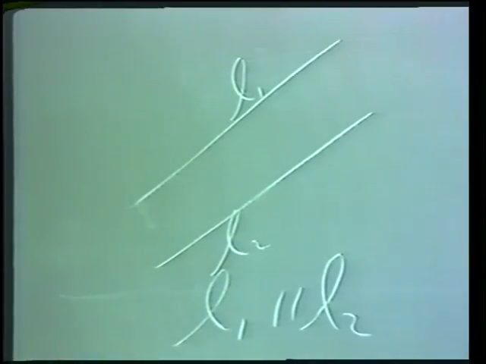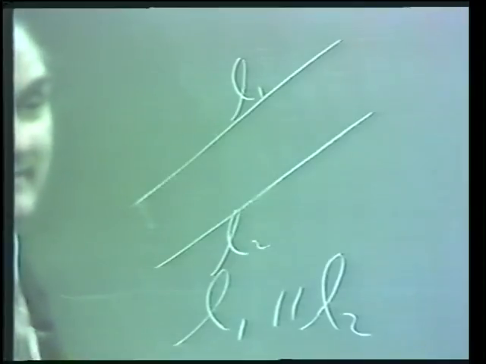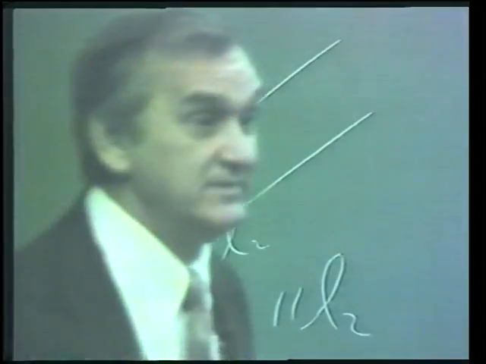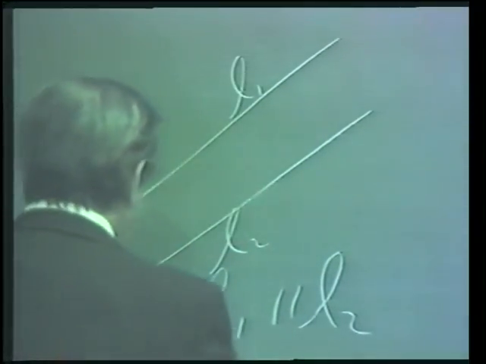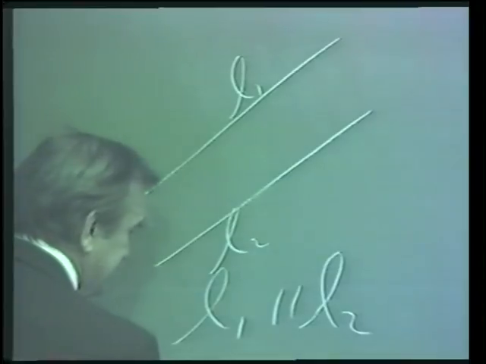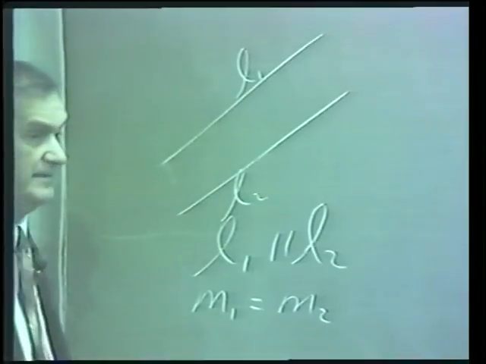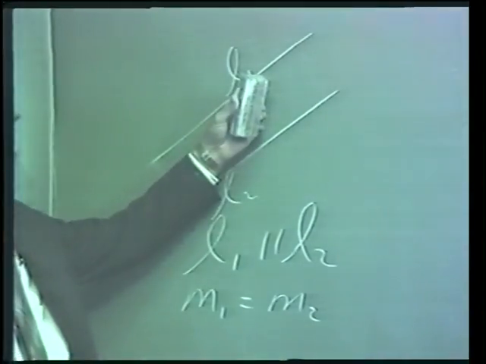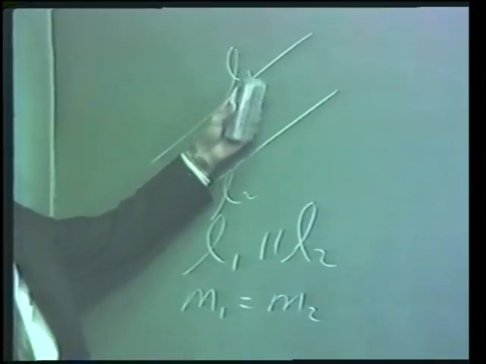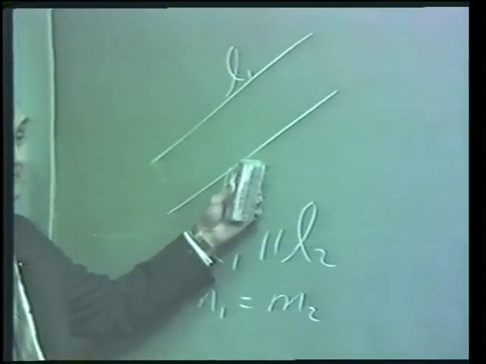Okay, Lynn? What's true if these 2 lines are parallel? Kathy? They have to have the same slope. In other words, if they're parallel, they have the same steepness. That means that M1 has to equal M2. Parallel lines have the same slope. If you know that the slope of line 1 is 2/5, and the 2 lines are parallel, then the slope of line 2 must be 2/5.